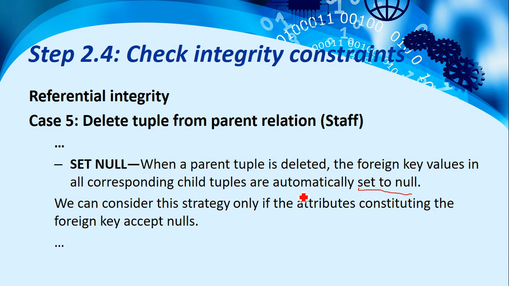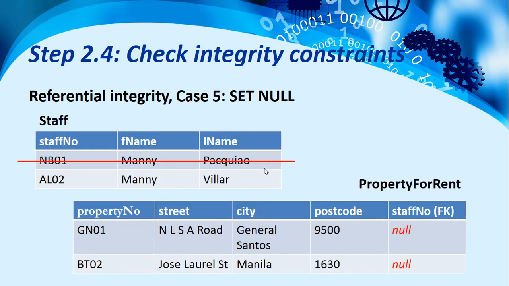We can consider this strategy only if the attributes constituting the foreign key accept null. Let's interpret this first statement. For example, if we delete this, it had a value earlier, NB01. So when we delete it, the value will become null. The value NB01 from earlier will be replaced with null, which becomes its new value. That's what set to null means.